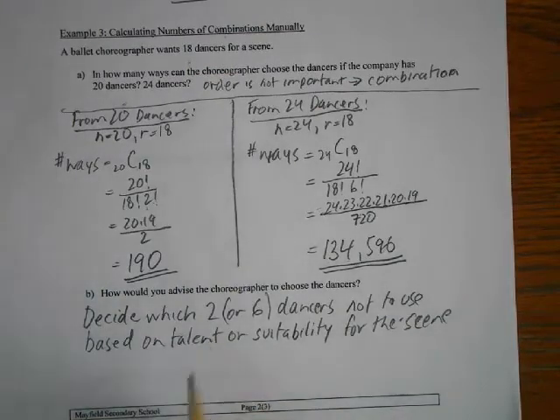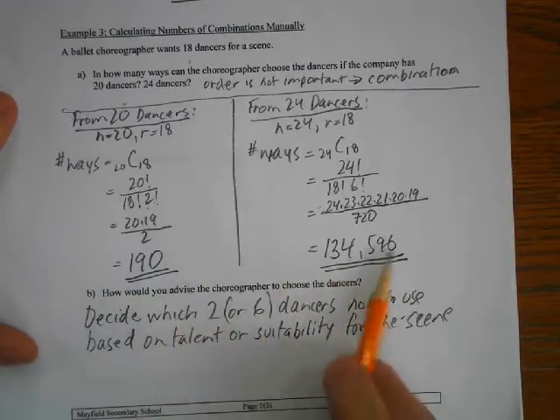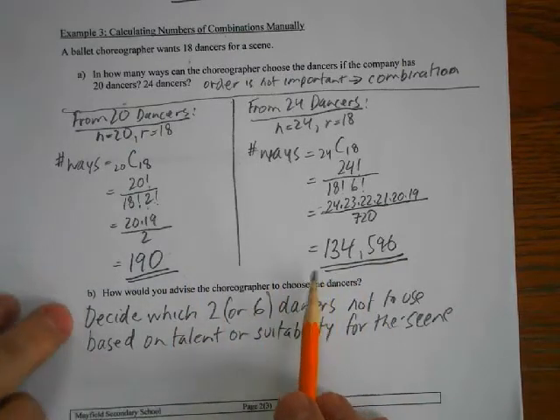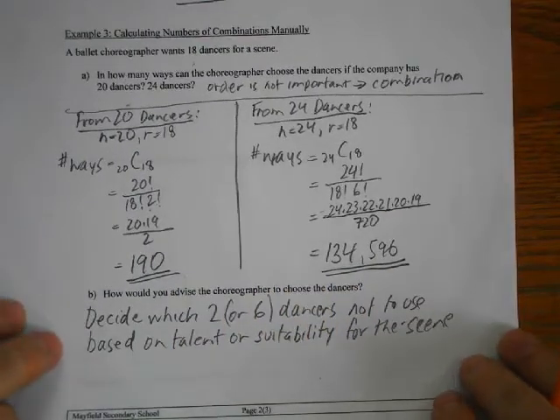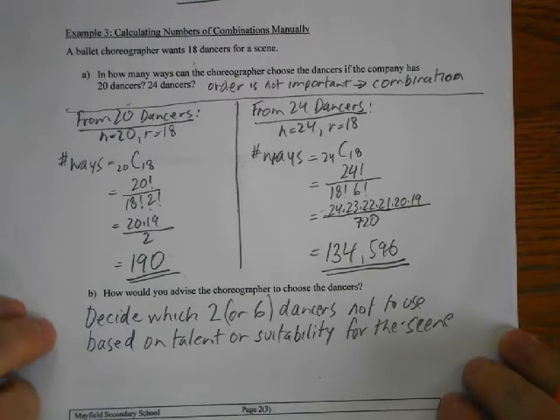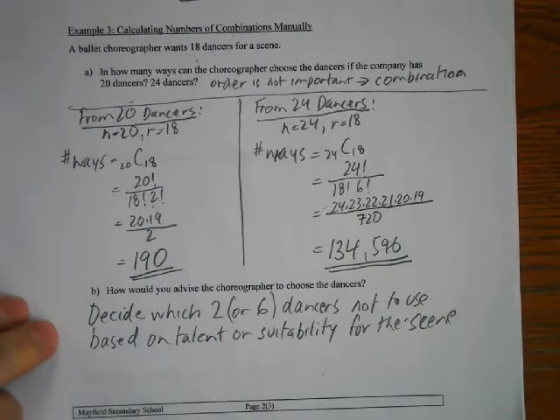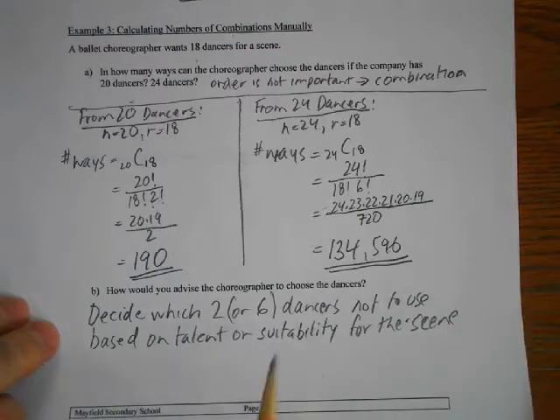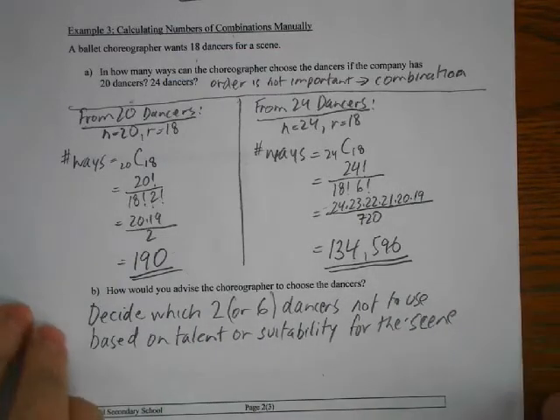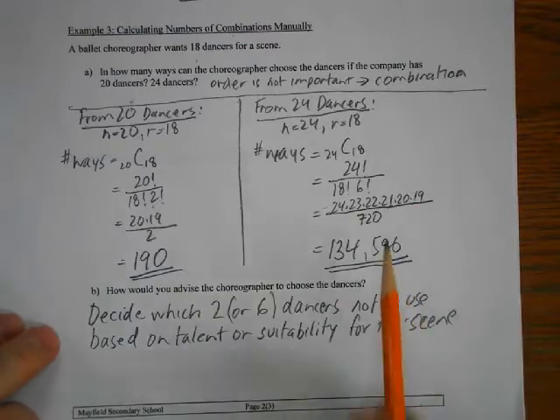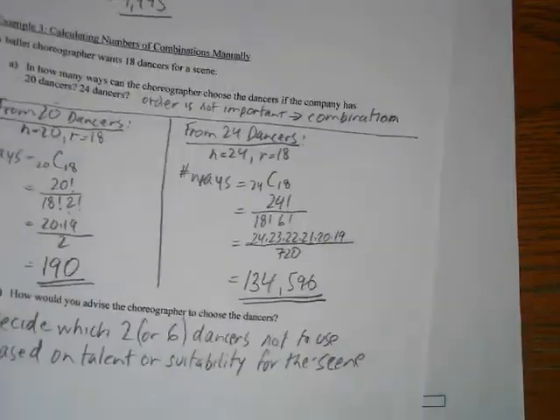Okay, so these numbers tell you right up front there's no point in trying all the combinations to see which one works best. Probably a better way is just to look at your 2 least experienced or least suitable dancers, or 6 in this case, to choose your 18. Okay.